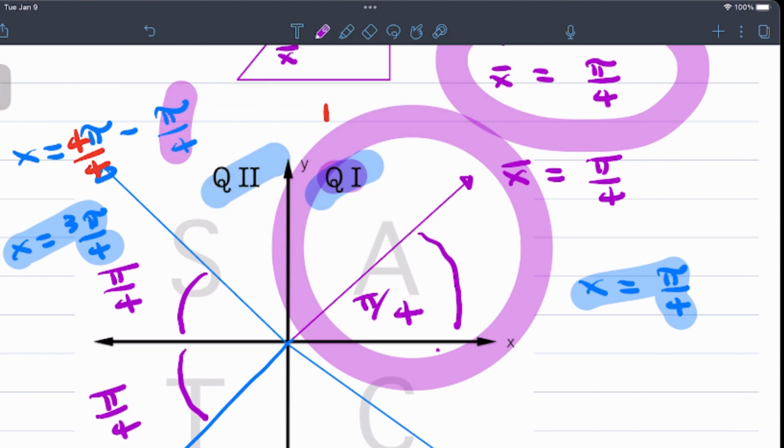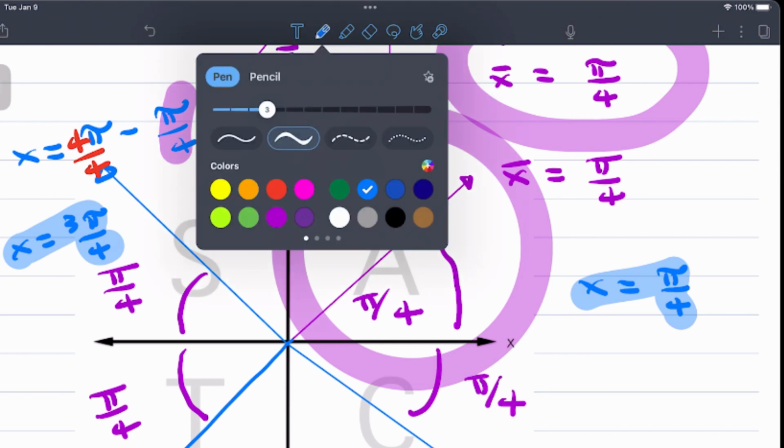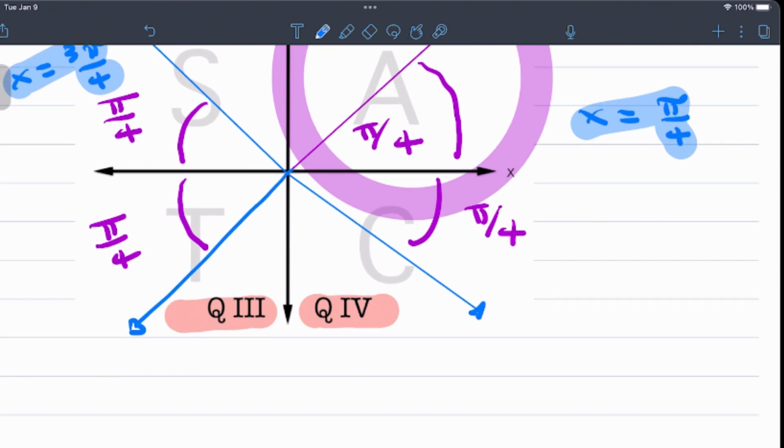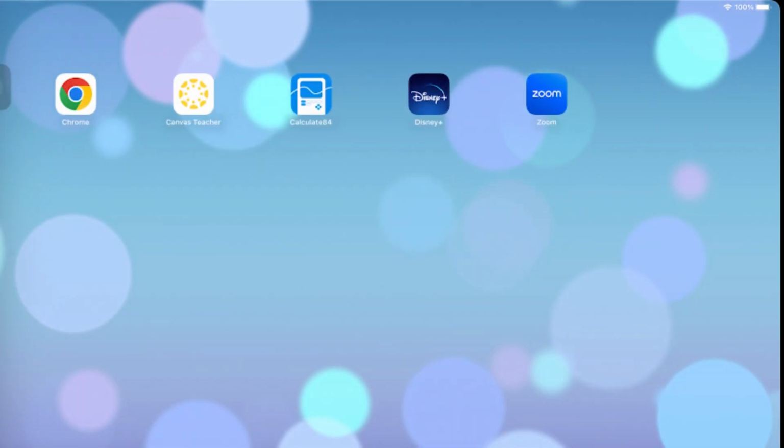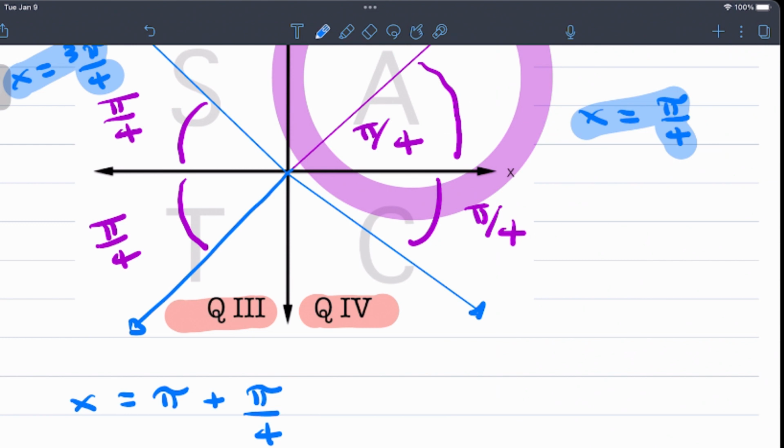Pi over 4, what else? Pi over 4. So sine's negative in quadrant 3, quadrant 4. So you're going to say, how do I get the quadrant 3 angle? Do you guys remember? Isn't that pi plus the reference angle of pi over 4 for quadrant 3? And what about over here?